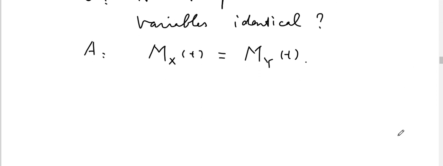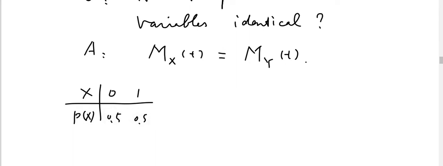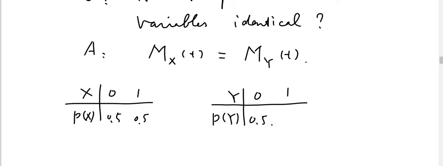Let's say X takes values 0 and 1, with probability 0.5, 0.5, and Y is also like this, 0.5, 0.5. So we can say X and Y have the same distribution.